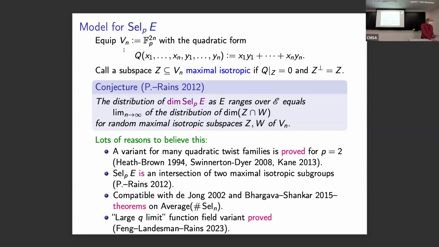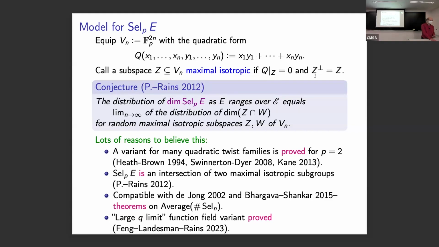If you have a subspace of this 2n-dimensional vector space, it's called maximal isotropic if, first of all, the quadratic form vanishes on that subspace, and also, if you take the bilinear form associated to this quadratic form, then the subspace should be self-dual with respect to that bilinear form.